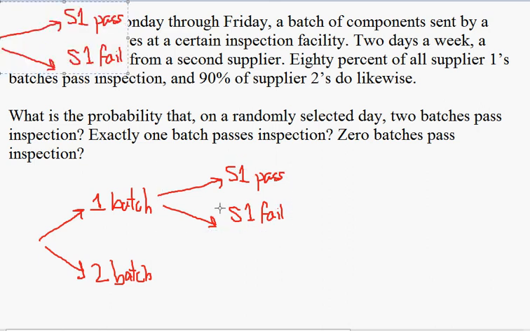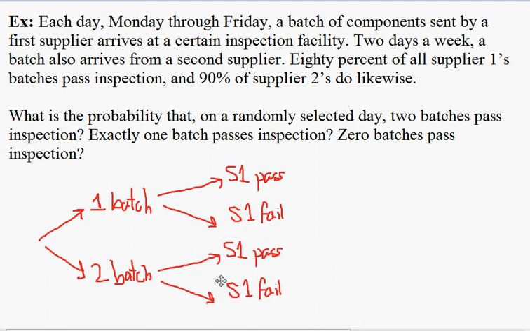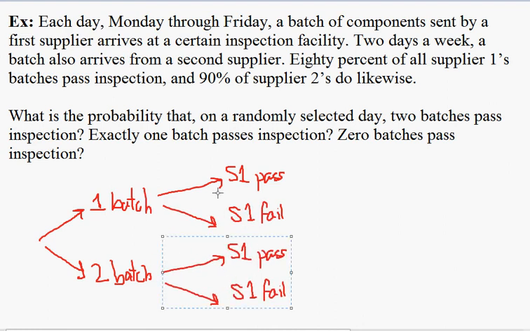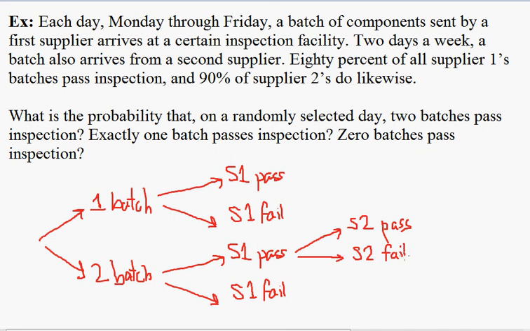So let me copy that and paste that here. For the second batch, we also worry about the first supplier passing or failing. We also worry about the second supplier passing or failing. So this time we have a tree that goes 3 deep. So supplier 2 passes, or supplier 2 fails, and we'd have the same arrows for the bottom one.